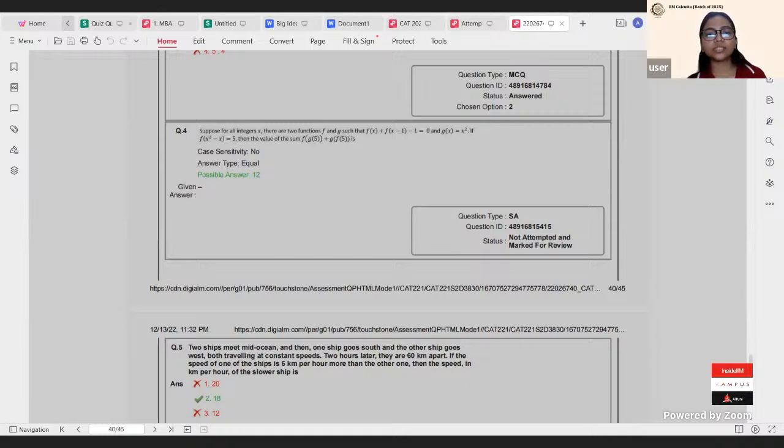So that will essentially mean that we can basically replace the value of x to be x plus 1. And in that case, it will be f of x plus 1 equals minus f of x. So I'll just write it.